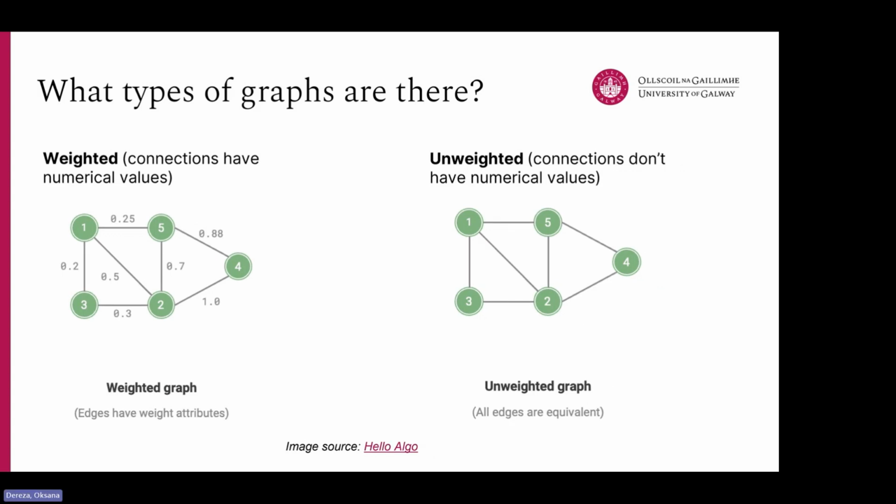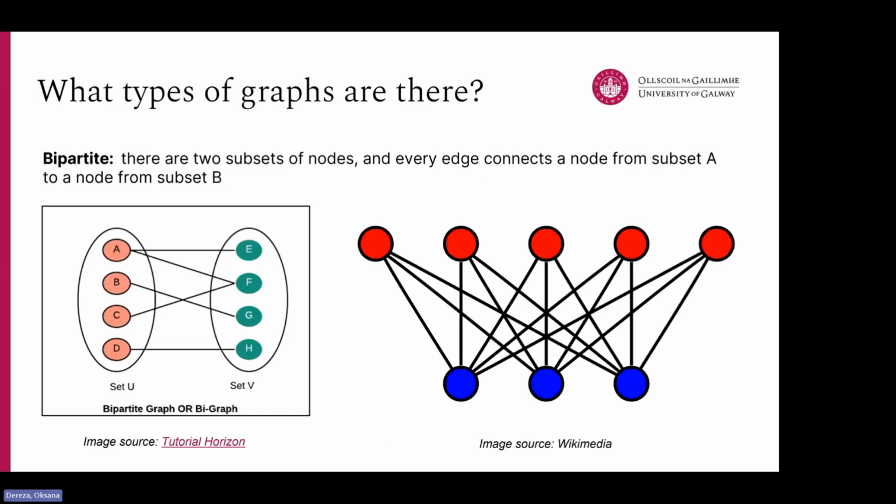Then graphs can be weighted or unweighted. In weighted graphs, connections have numerical values. So there are attributes that edges have that somehow characterize the connection, how important it is. And these numbers can represent different things, different metrics. And in an unweighted graph, all connections are equal. They don't have any numerical values.